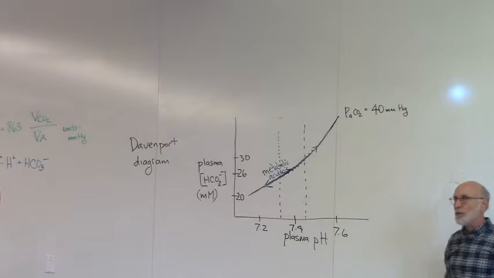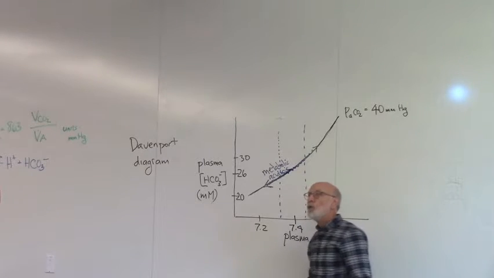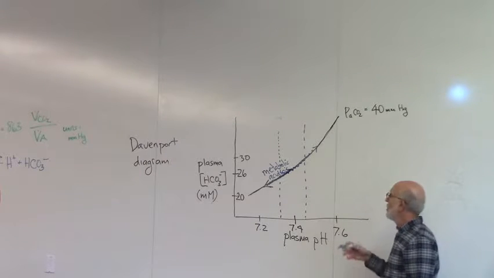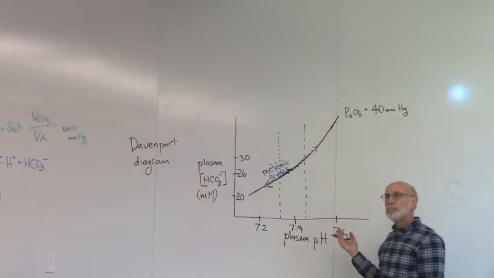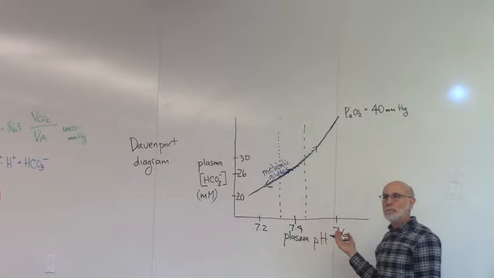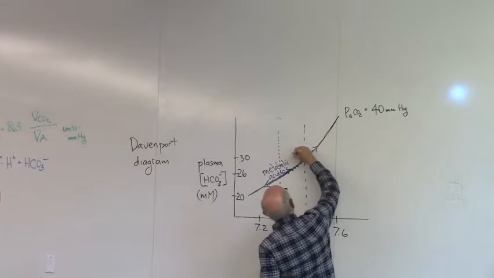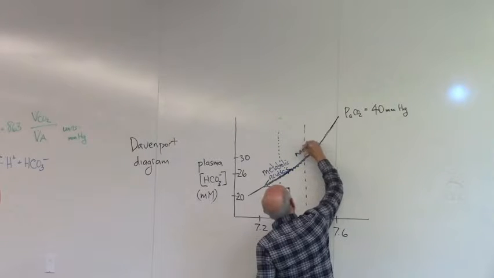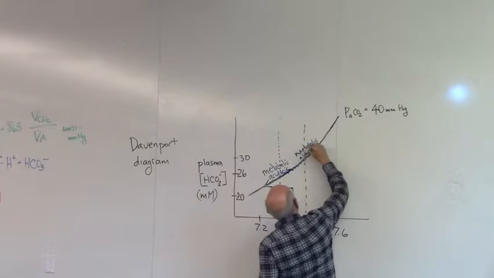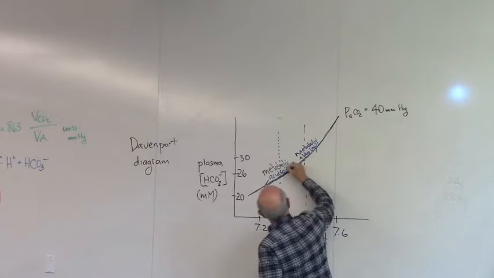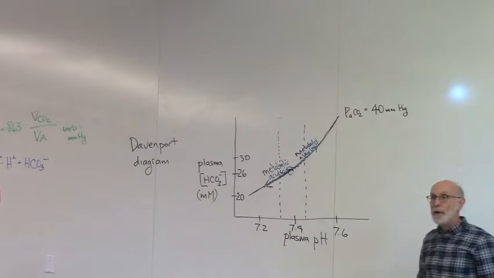Metabolic alkalosis. What could cause us to lose acid in our body? And it's not respiration. So this is metabolic alkalosis. Remember, this is our starting point, our normal point.